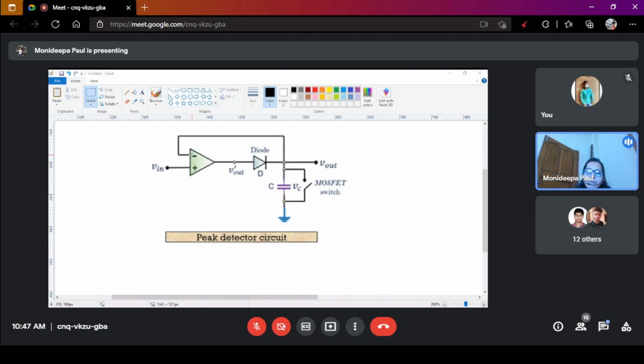We get the output voltage as the previous maximum voltage. Until and unless Vin is greater than Vc, we can't get any new voltage. That means this circuit follows the Vin voltage and also stores the voltage when Vin is greater than Vc. It remains constant at that voltage until this voltage again exceeds it.